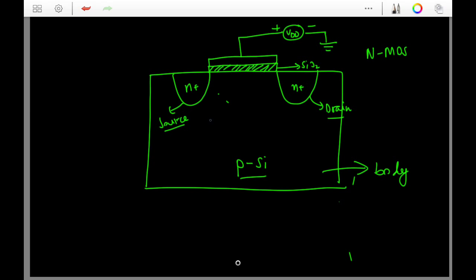One is this P and N diode, and another is this P and N diode. So the current transfer will occur only between these two diodes and junctions. And what we actually want is current transfer between the source and the drain.